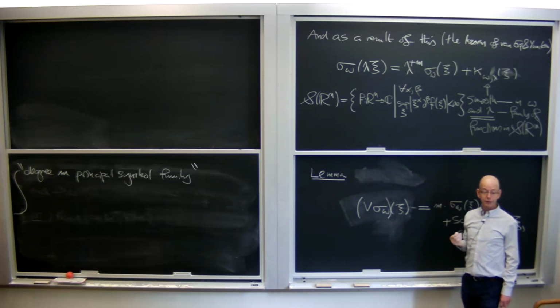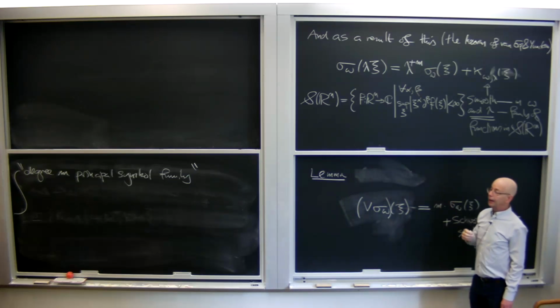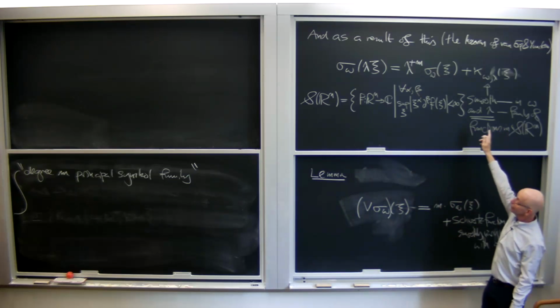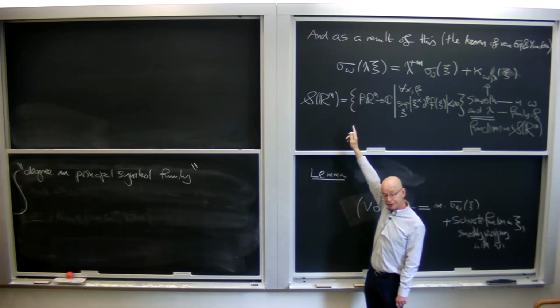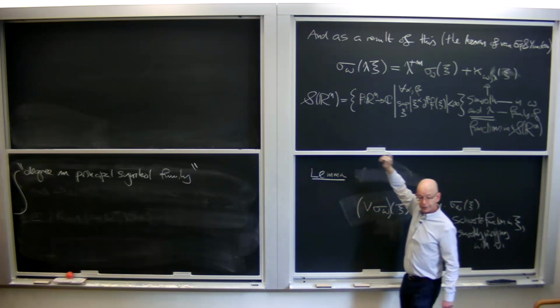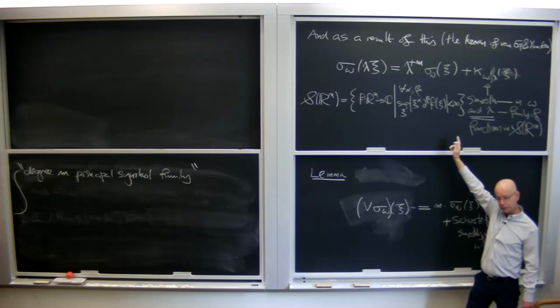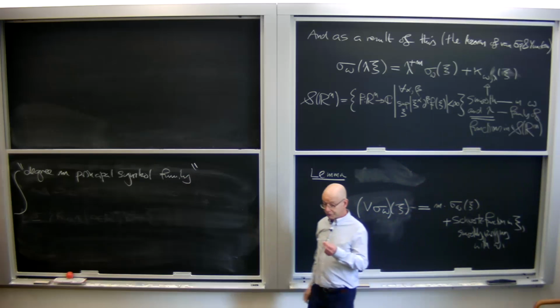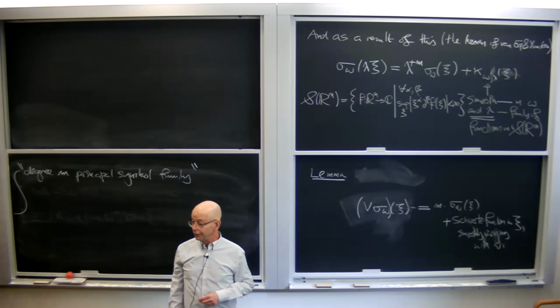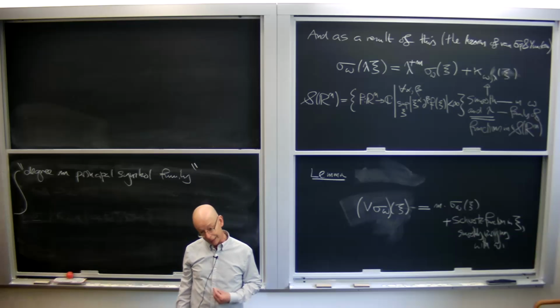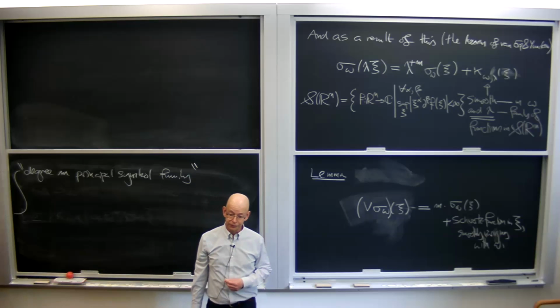There's an extra parameter t, which fits into the picture. And you're not comparing in the scaling relation the operators at a given value of t to the operators over here at the same given value of t. You're comparing the operator, or the function in this case, at the value t to the operator or function in this case at the value lambda times t. So you can't get as strong conclusions out of that.